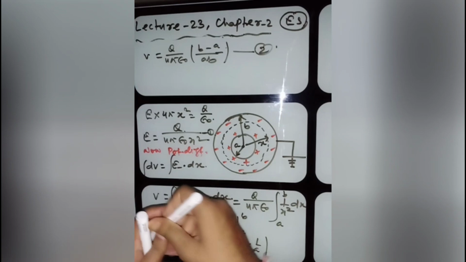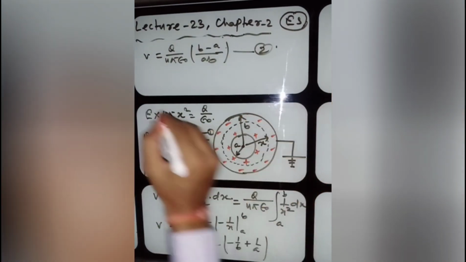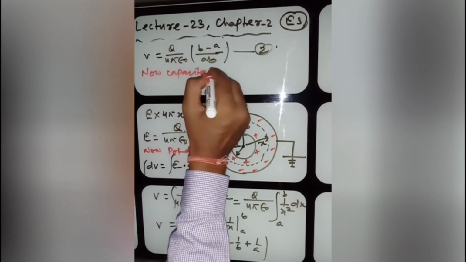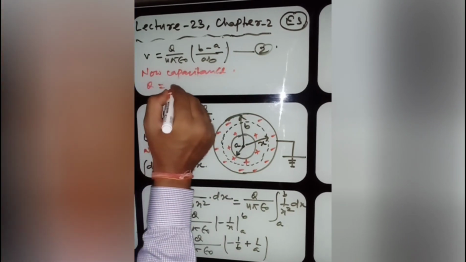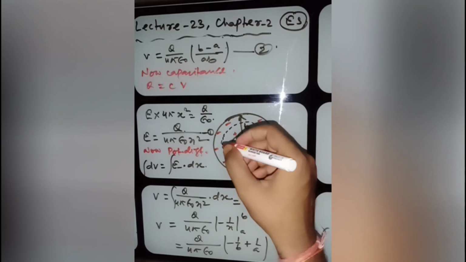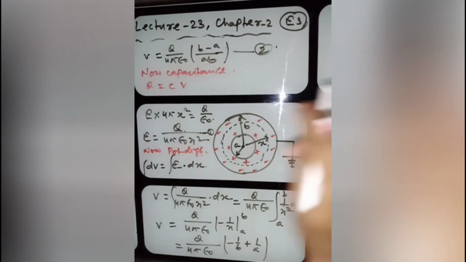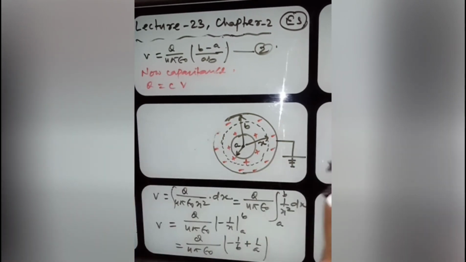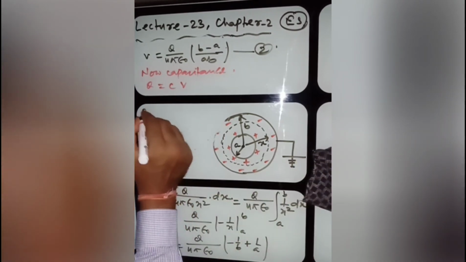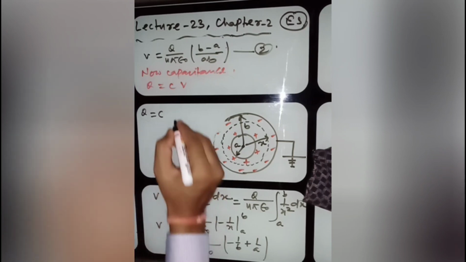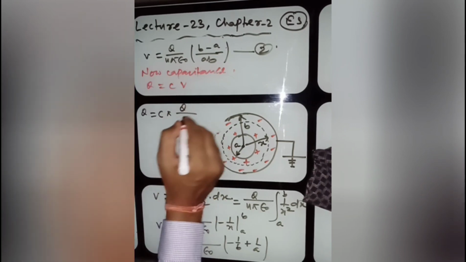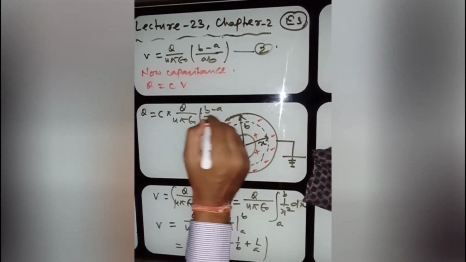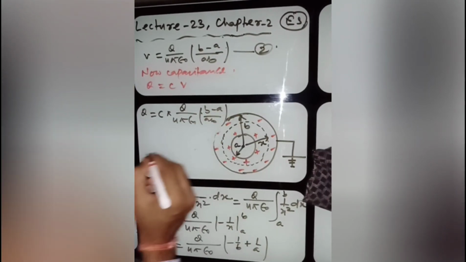Now capacitance. So Q equals CV, and we can write here Q equals C times V, and V is Q by 4 pi epsilon naught times B minus A by AB.